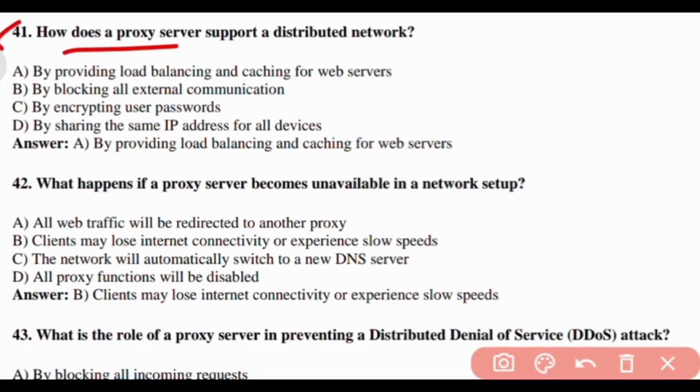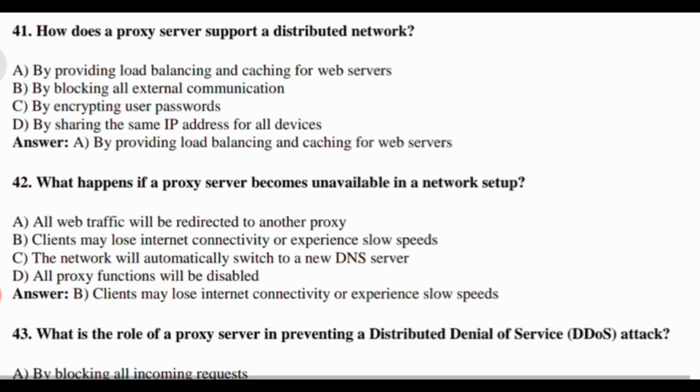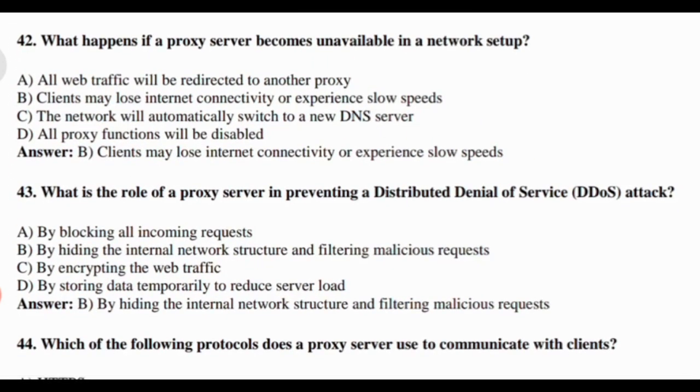How does a proxy server support a distributed network? By providing load balancing and caching for web servers. What happens if a proxy server becomes unavailable in a network setup?